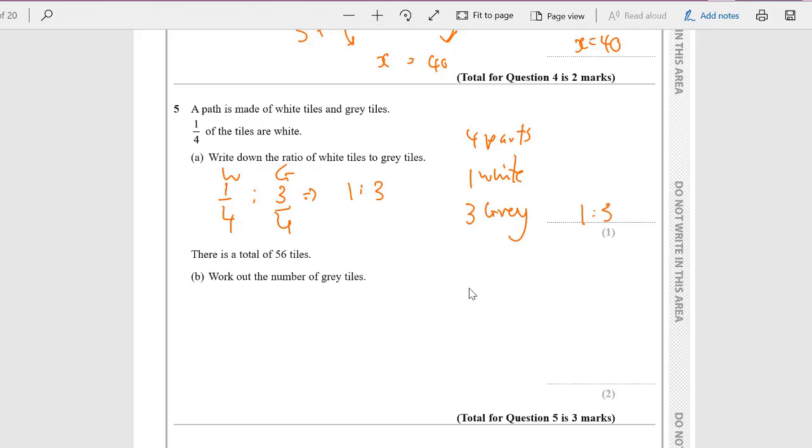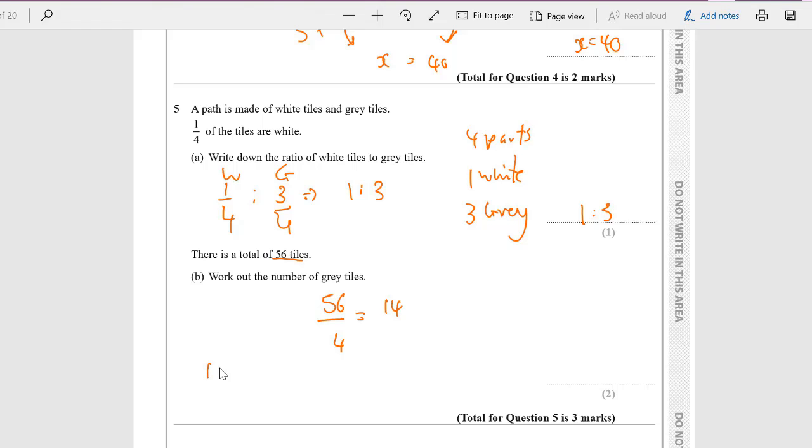So work out the number of grey tiles. So there's a total of 56 tiles, and work out the number of grey tiles. So therefore, if there's 56 altogether, let's divide that by 4. So we'll get 14.